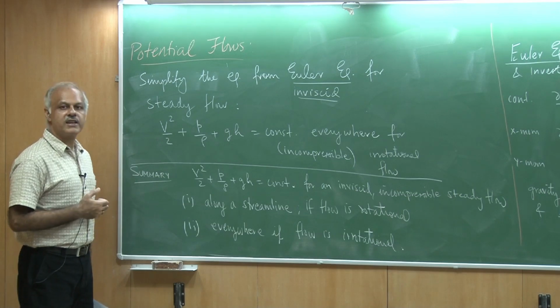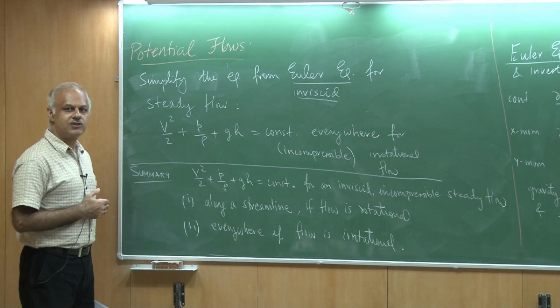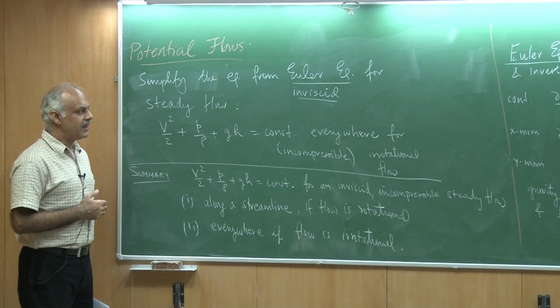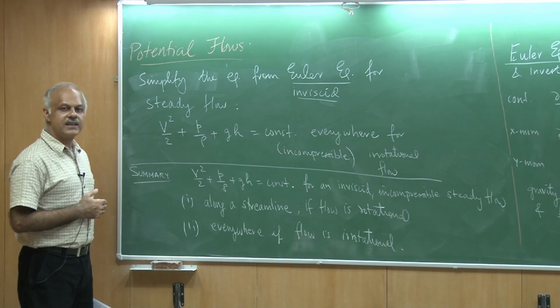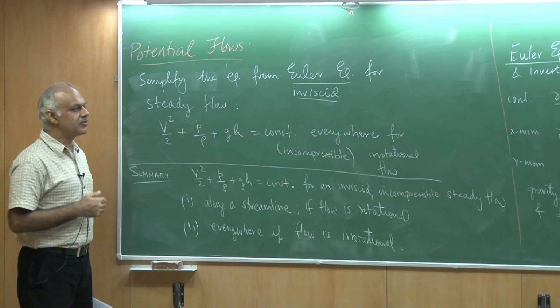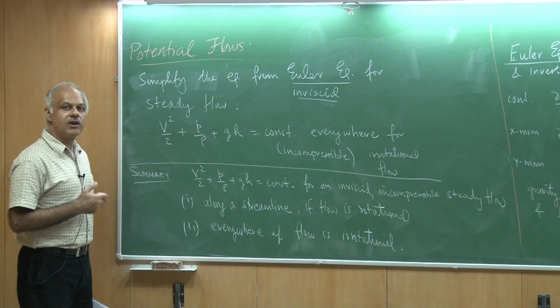Then we looked at the boundary conditions. We showed that the equipotential lines and the streamlines are orthogonal to each other. And then we went ahead and started again with the Euler equation and took all these simplifications, and we were able to derive an equation very similar to the Bernoulli's equation.